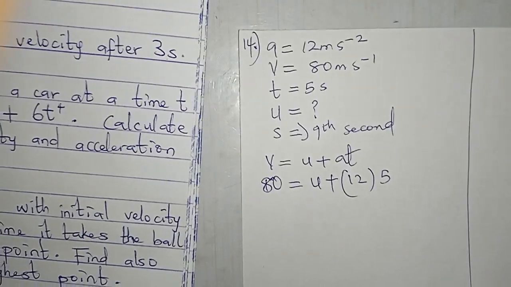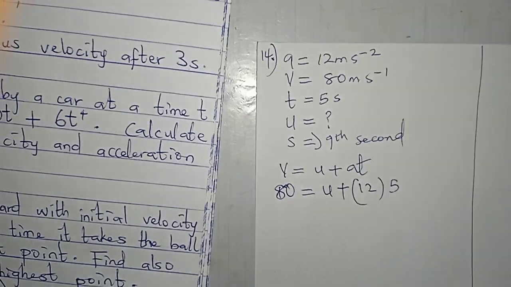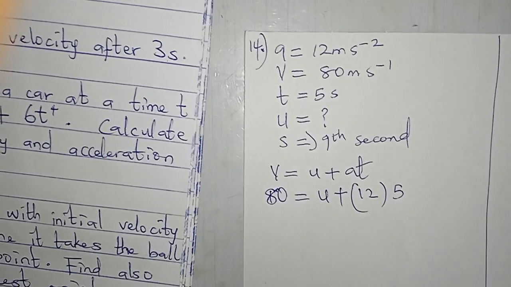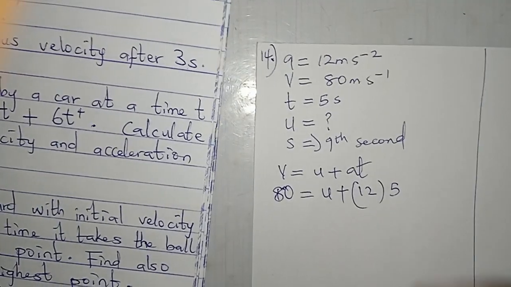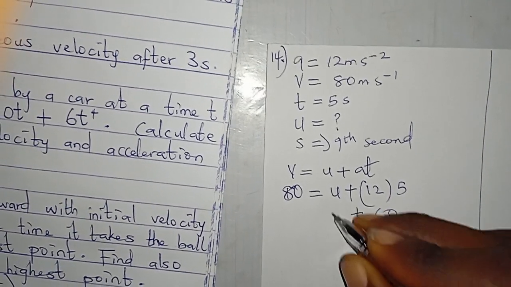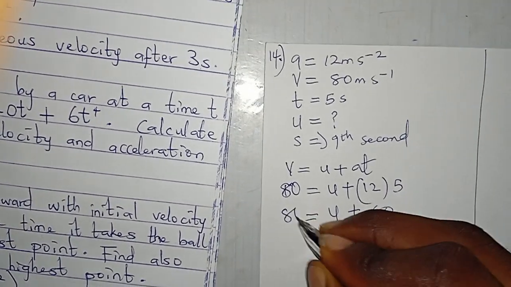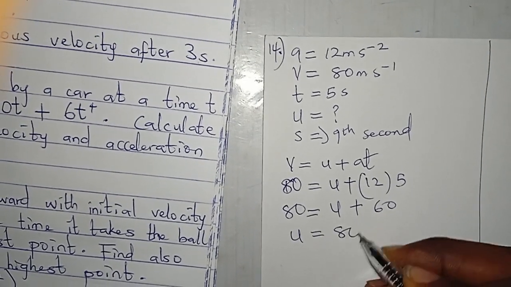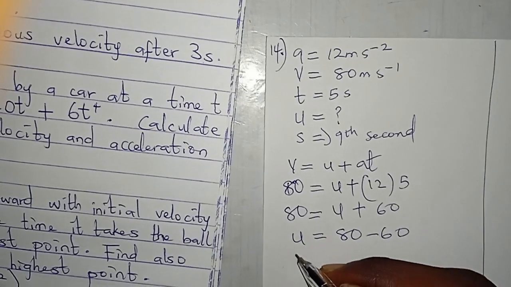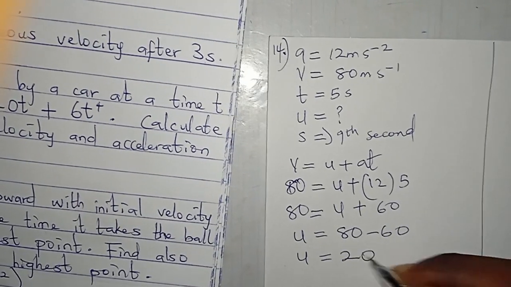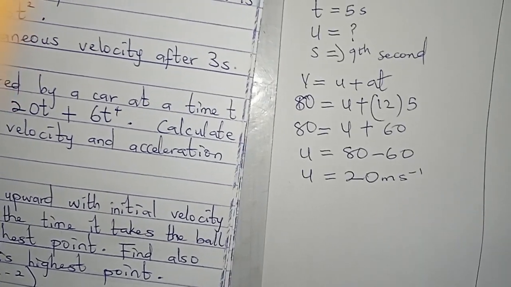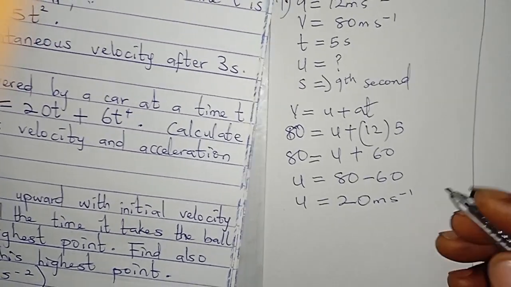That is for the first phase. So this is going to be the same thing as saying 12 times 5, 60. 60 plus u equals to 80. So u should be equals to 80 minus 60. u is equals to 20 meters per second. Very simple. We've gotten our initial velocity.